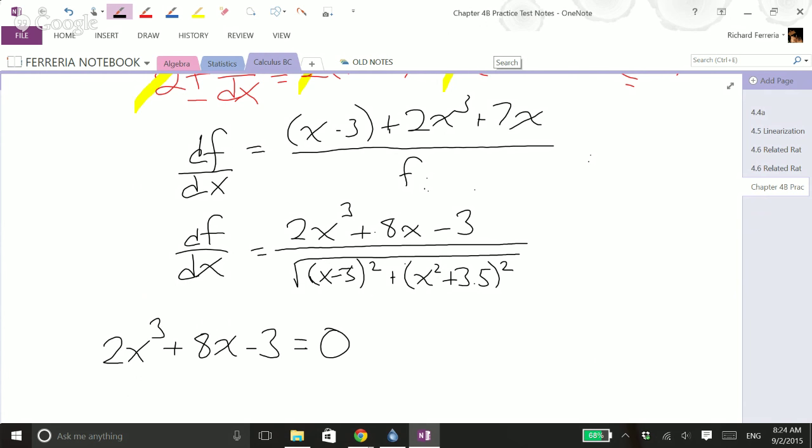So regardless of what the denominator is, the numerator has to be equal to 0 for the derivative to equal 0. We got to find that point. (x2 minus x1) squared plus (y2 minus y1) squared is d squared, and then take the derivative of both sides and set the left side equal to the right side. And you equal to 0. That's what we're doing.